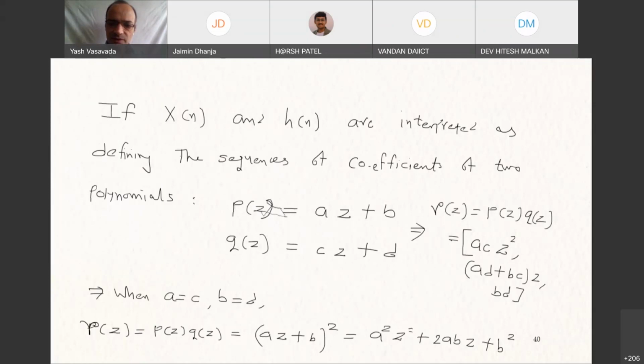This is our well-known familiar expression of expanding a first degree linear expression to the power of 2. Okay, does this make sense?